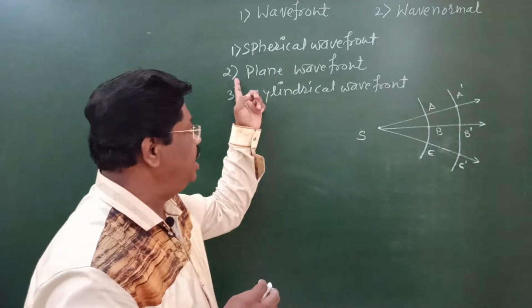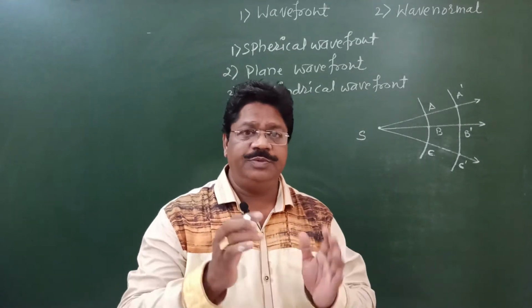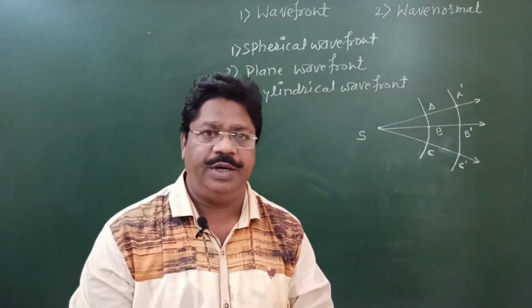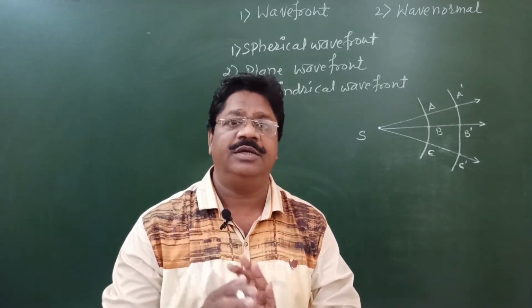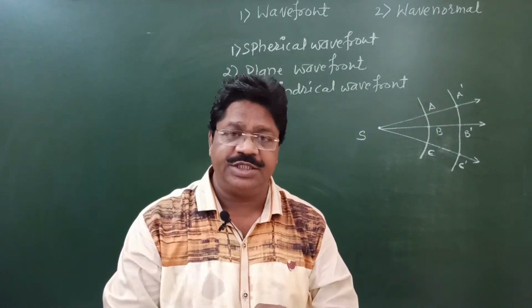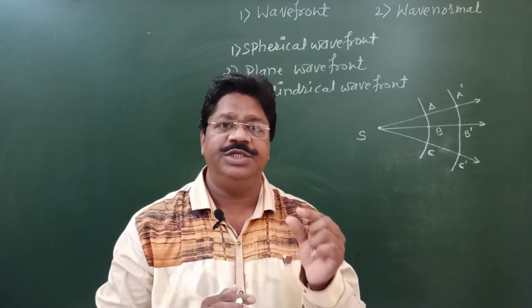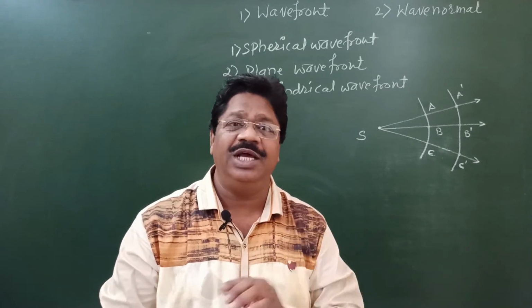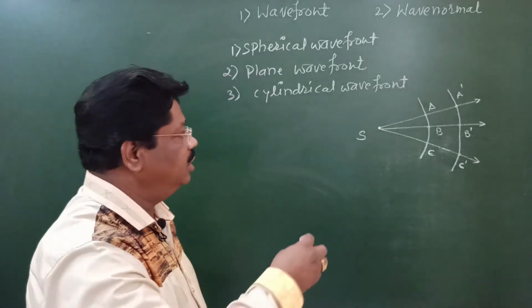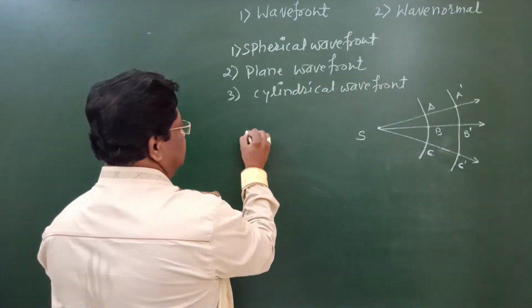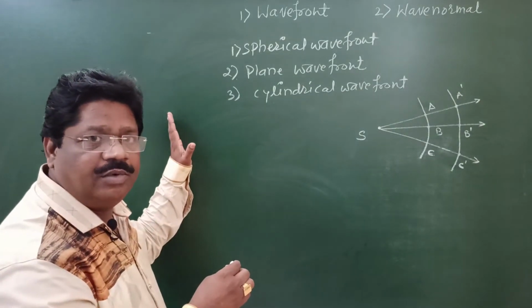Second, plane wavefront. This plane wavefront can be obtained when the source of light is at a large distance. That means a part of the spherical wavefront is a plane wavefront. Therefore consider the source is at a large distance.